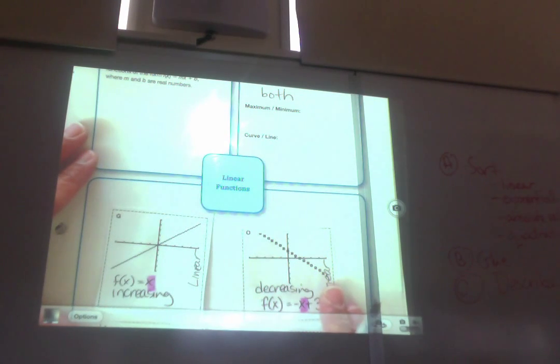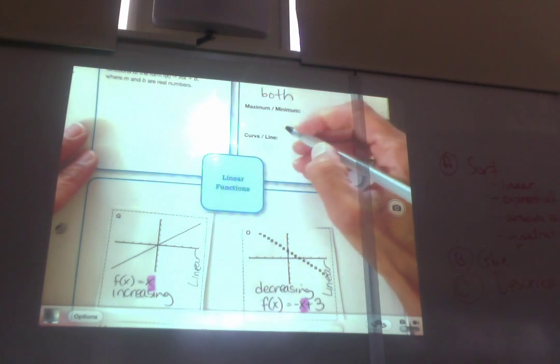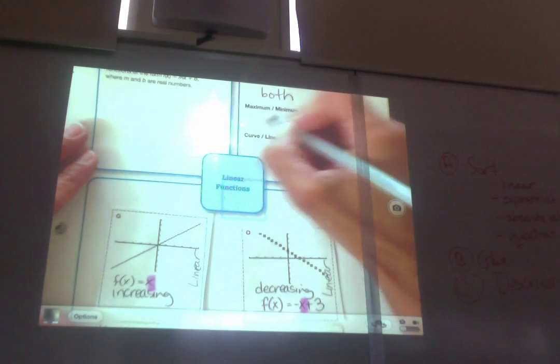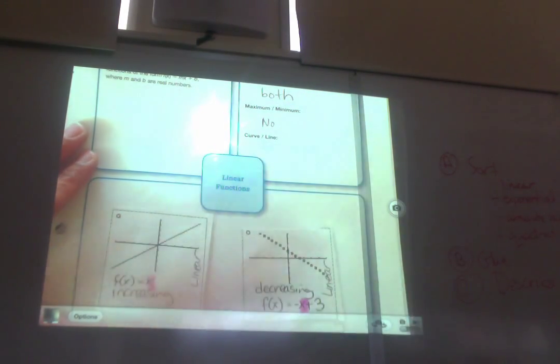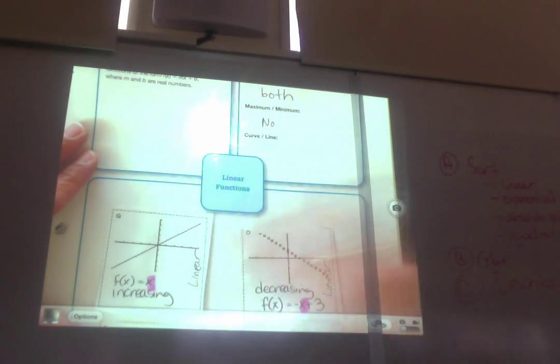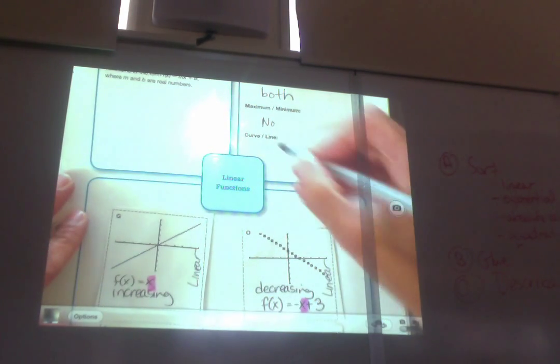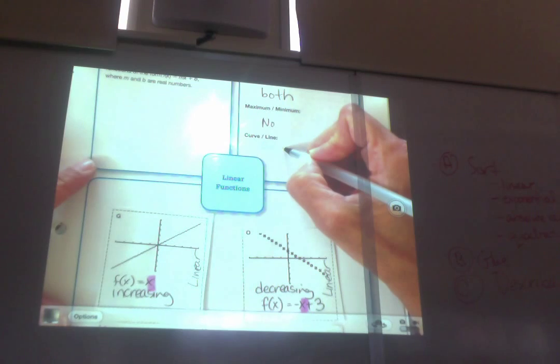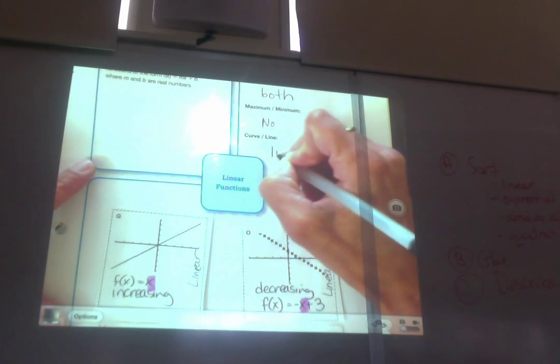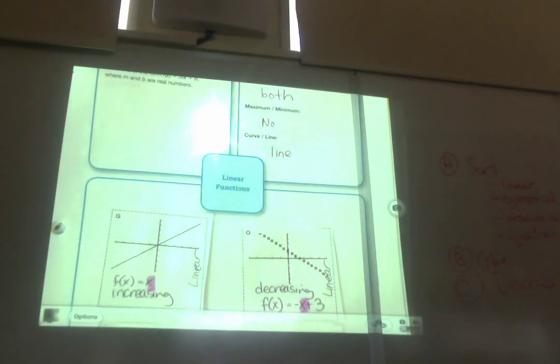Do lines have a max and min? No, because they go to infinity in both directions. We can't see it on this tiny limited spot, but no max, no min. Are they curved or a line? Line. Okay, so that's what you needed to do up there.